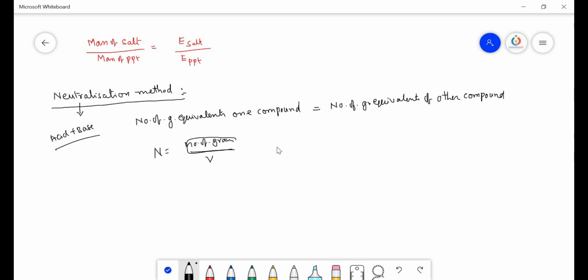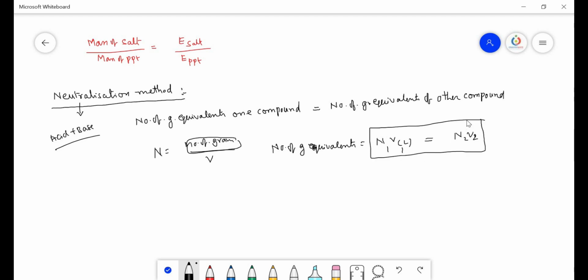So the number of gram equivalents equals normality times volume in liters. If the number of gram equivalents of one compound is N1 V1, then the number of gram equivalents of the other compound is N2 V2. Then N1 V1 equals N2 V2. This formula is helpful in solving problems where an acid and a base are neutralizing.